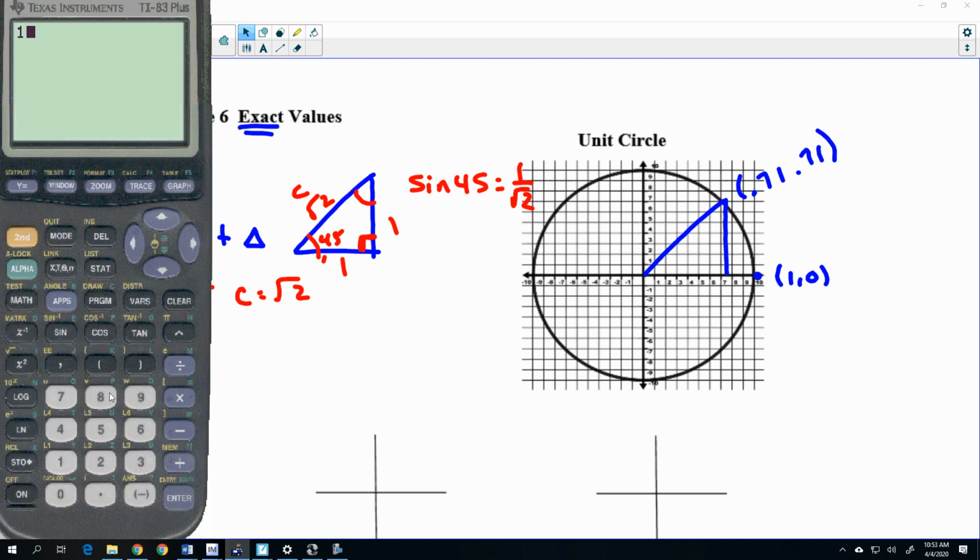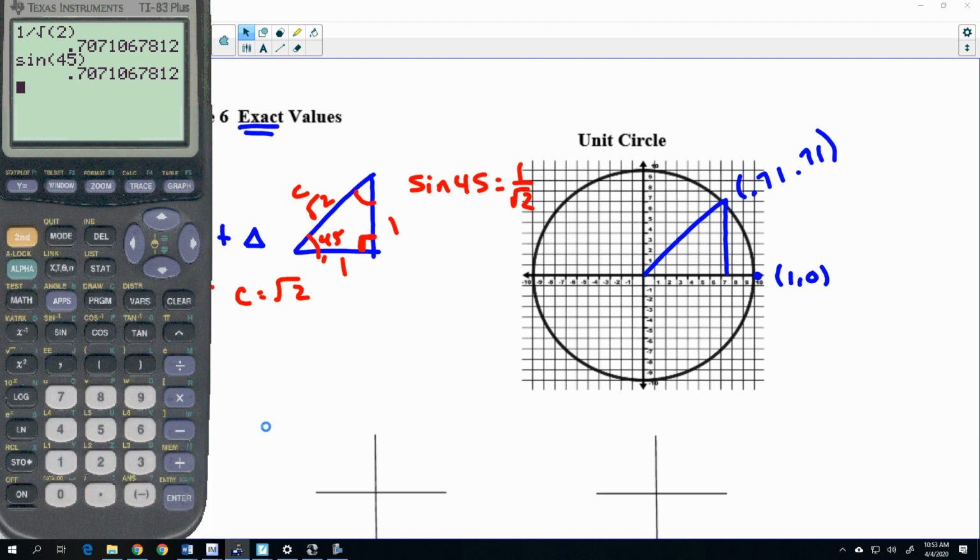So I'm taking 1 divided by the square root of 2, and I get that value. Notice I had to round it here, but these tenths are pretty darn close to what the calculator said. I could have also tried my calculator, but you're going to have to do these without a calculator. And notice I get the same value.